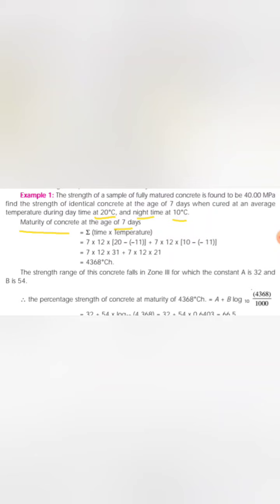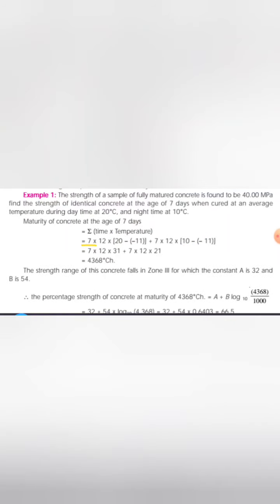Here the time is 7 days, but there are two temperatures, one at the daytime and the other at the night time. Two different temperatures we have, so I am calculating separately for both of them. For 7 days, the daytime will be taken as 12 hours and night time as 12 hours, and the average temperature was 20 degrees Celsius in the day and 10 degrees Celsius at night.